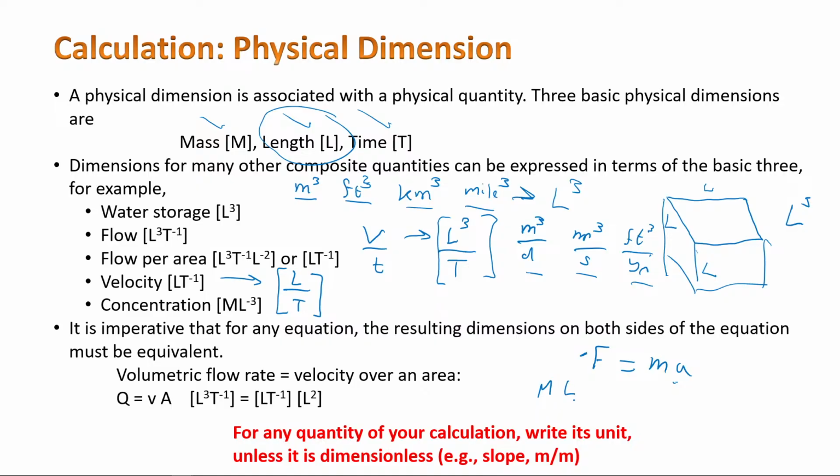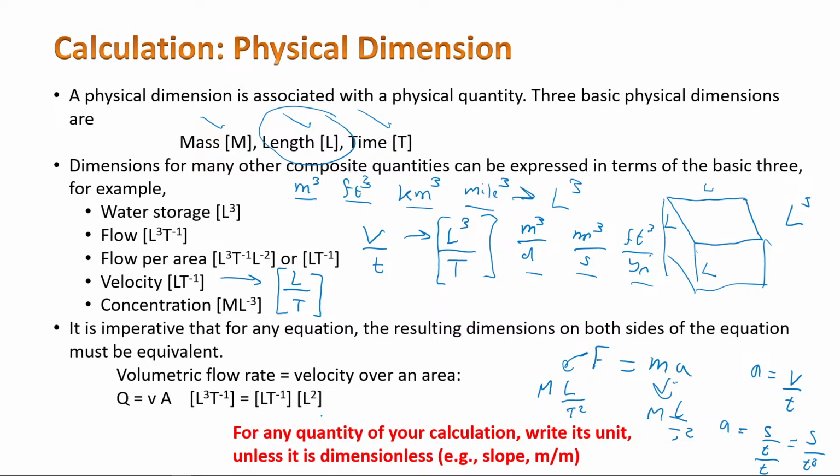That is L over T square, because acceleration is velocity over time, and velocity is distance over time, so you get distance over time square. So the dimension of force is M L over T square, and the right side would be the same, M L over T square.